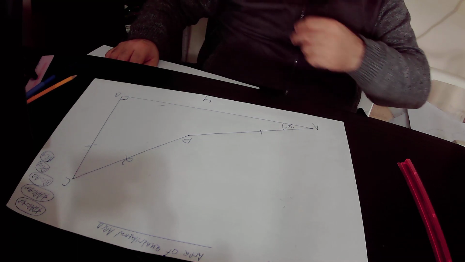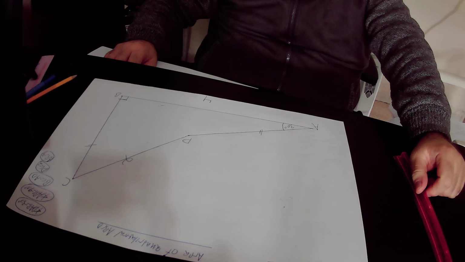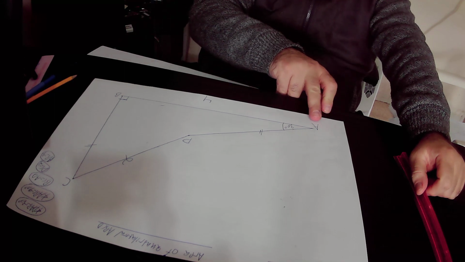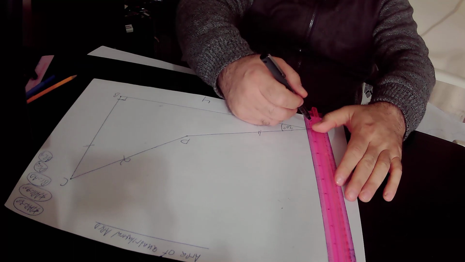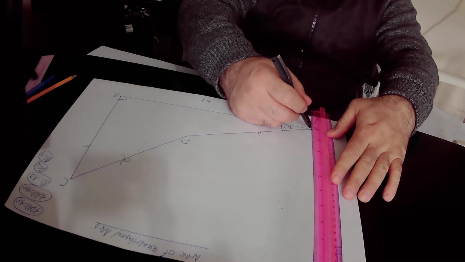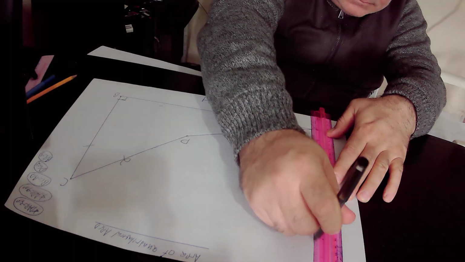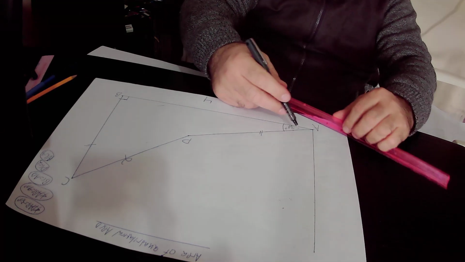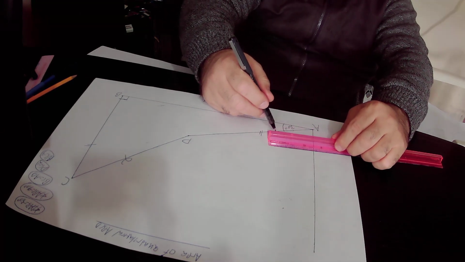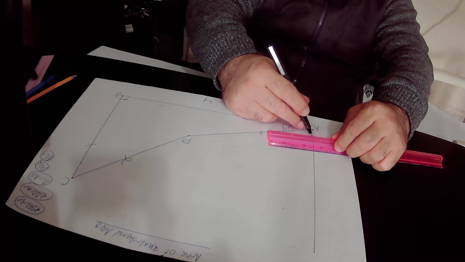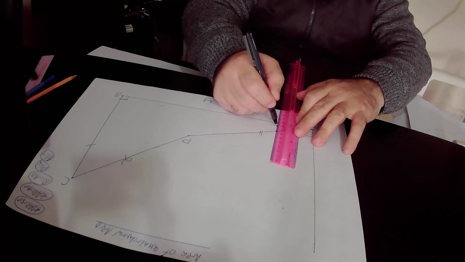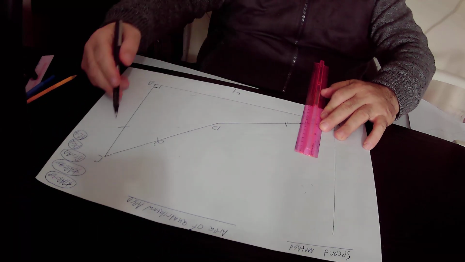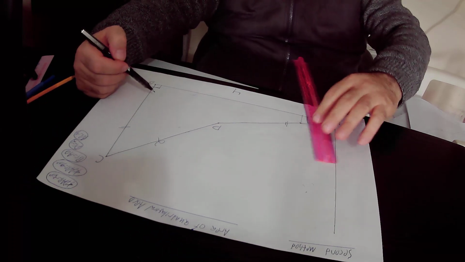In the second method, we will do another construction. From point A, we will draw a perpendicular to AB. So this angle will be a right angle, equal to 90 degrees. And from point C, we will draw a perpendicular to CB.